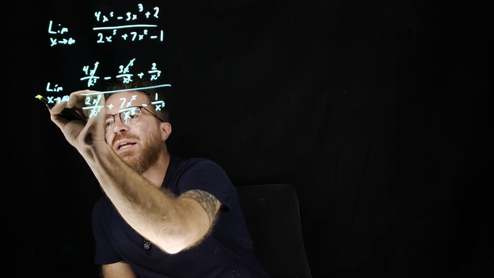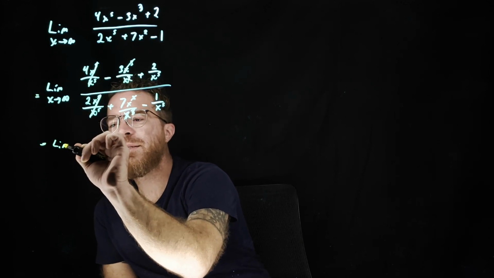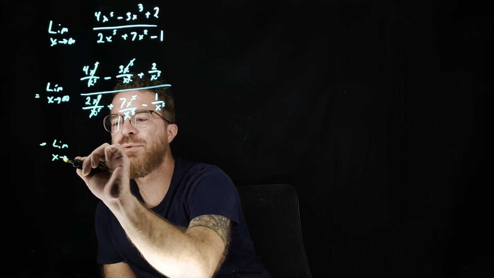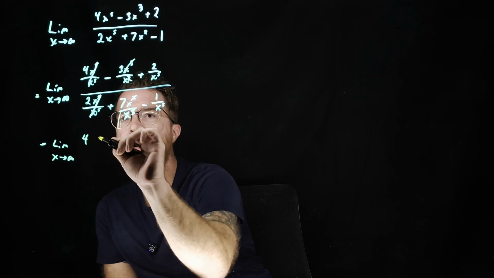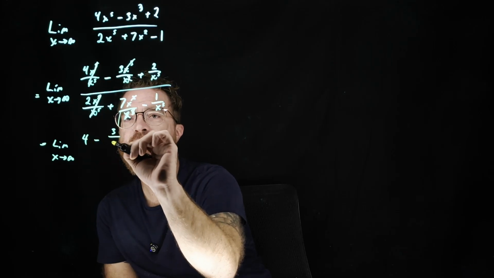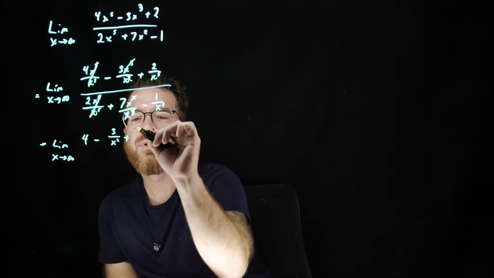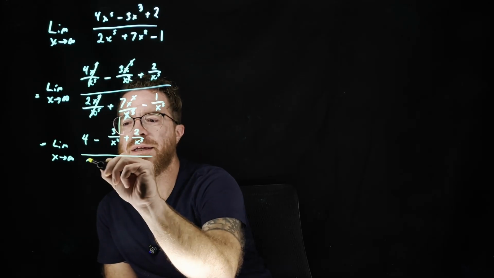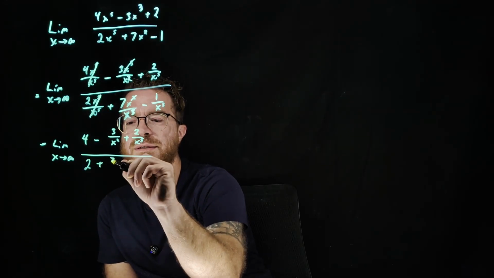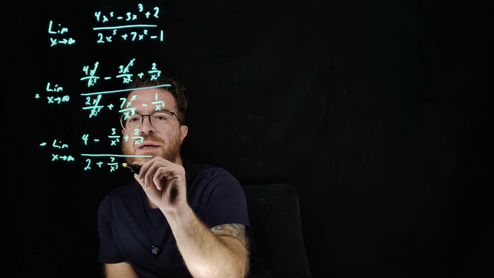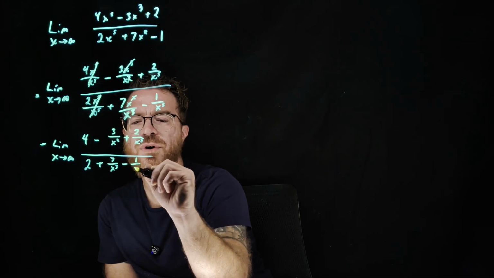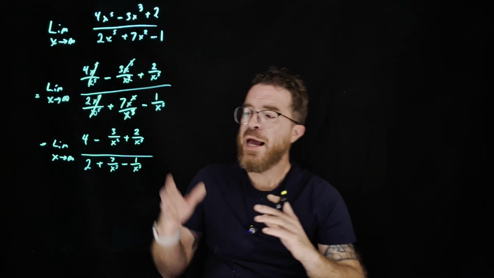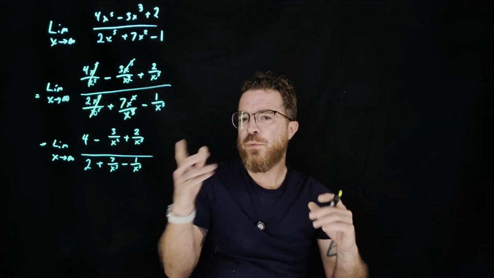So what we have here is the limit as x goes to infinity, 4 minus 3 over x squared plus 2 over x to the 5th, divided by 2 plus 7 over x cubed minus 1 over x to the 5th. And now, if we evaluate our limit, what's going to happen?